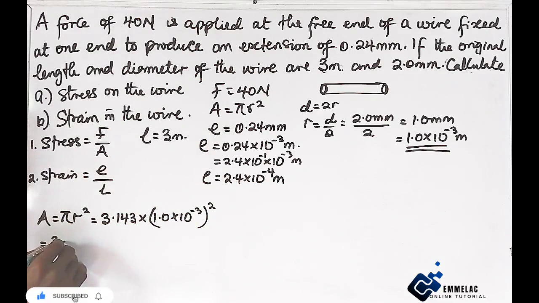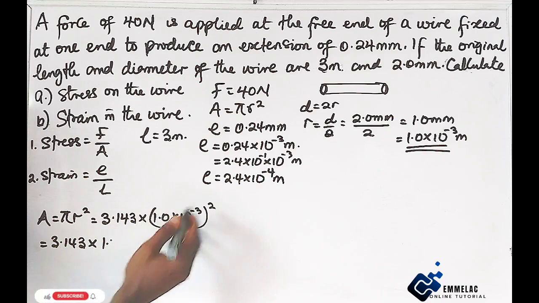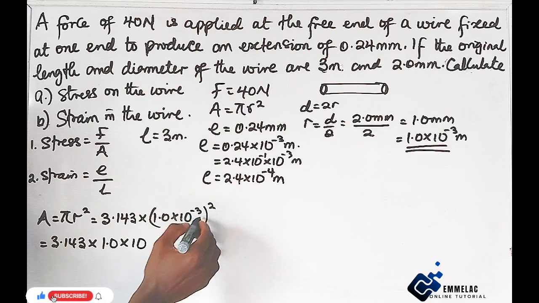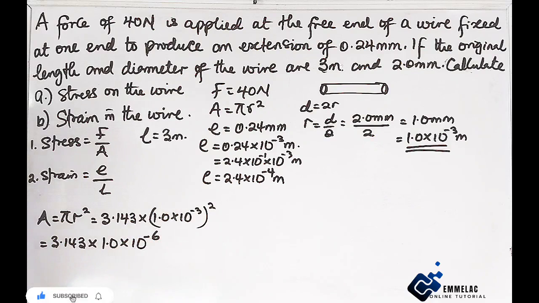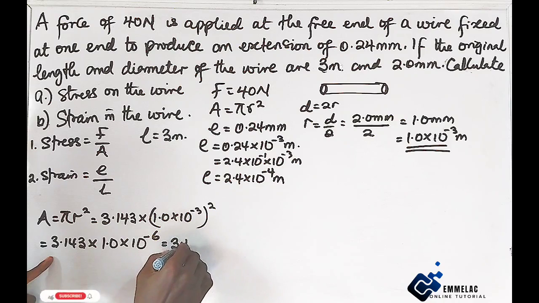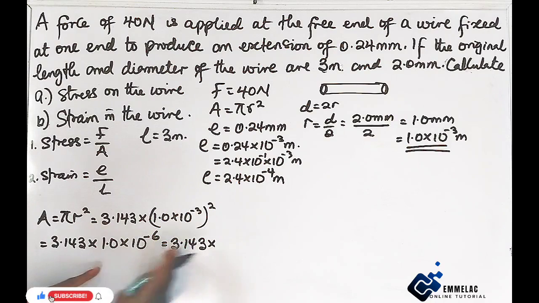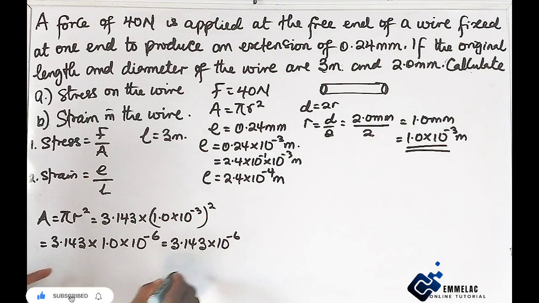This will give us 3.143 times 1, because 1 raised to the power of 2 is 1, then times 10 raised to the power, by indices, minus 6. So the area is 3.143 times 10 raised to the power of minus 6. Let us now apply that.